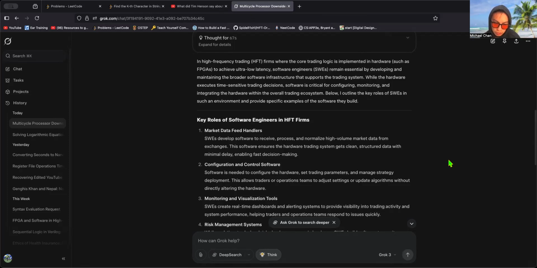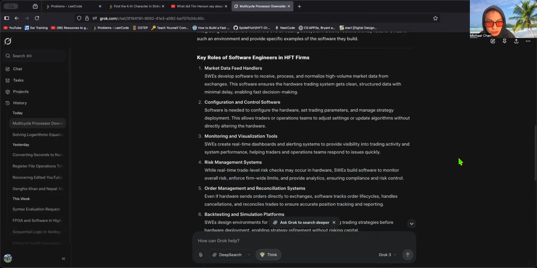Interesting. Monitoring and visualization tools. Developers create real-time dashboards and alerting systems to provide visibility. Okay, yeah, so monitoring stuff.